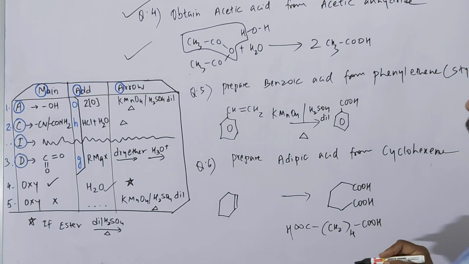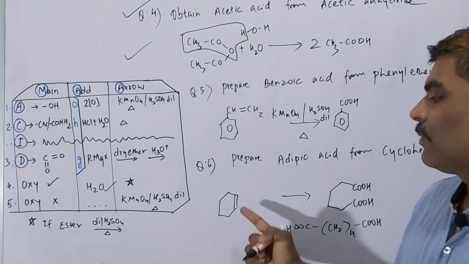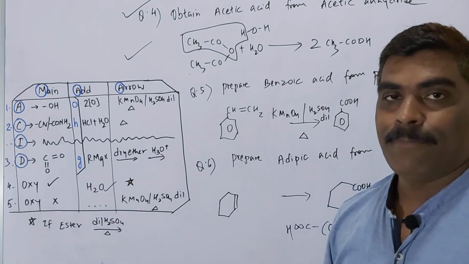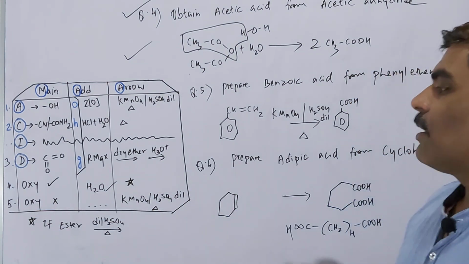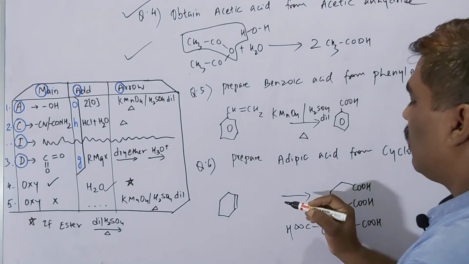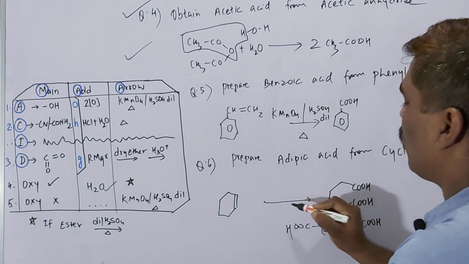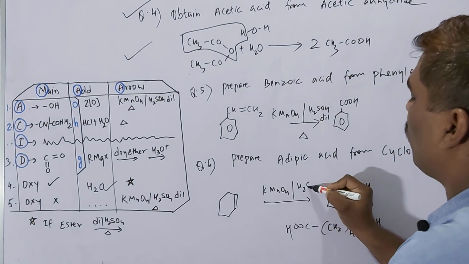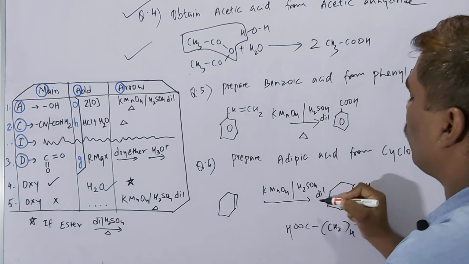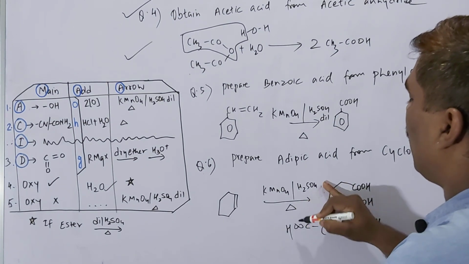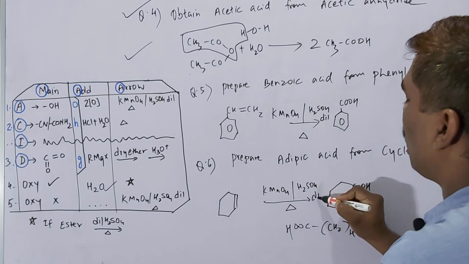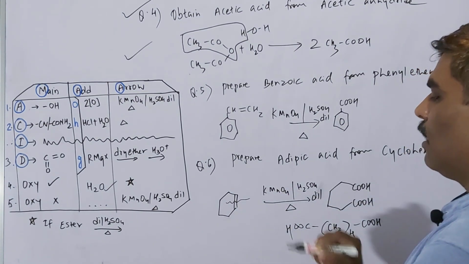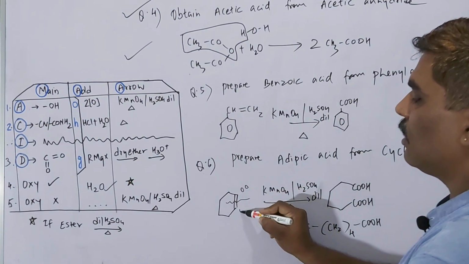Now just try to find out which number this belongs to. If you see here, this directly belongs to number 5. Okay, so number 5, check what is given. For number 5, we are going to write here KMnO4 and sulfuric acid, dilute and heat. And as I said earlier, this bond is broken and oxygen is added like this.